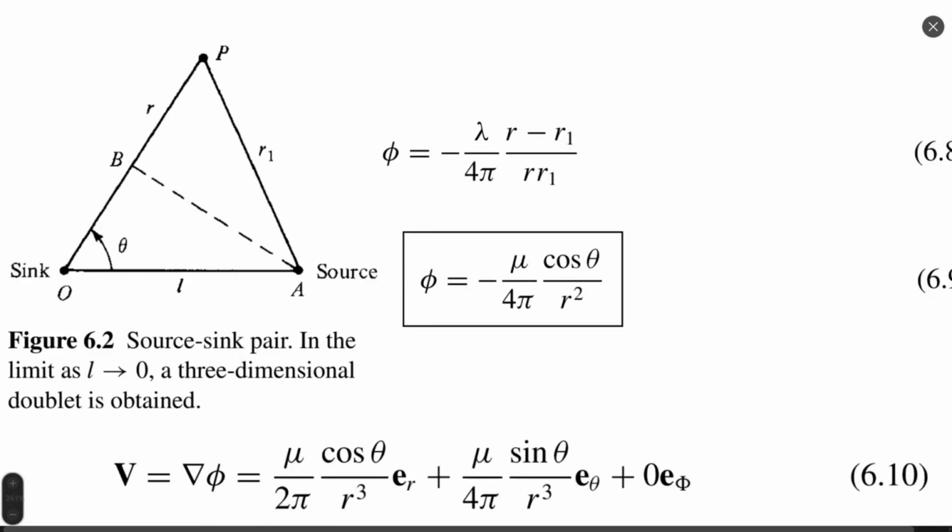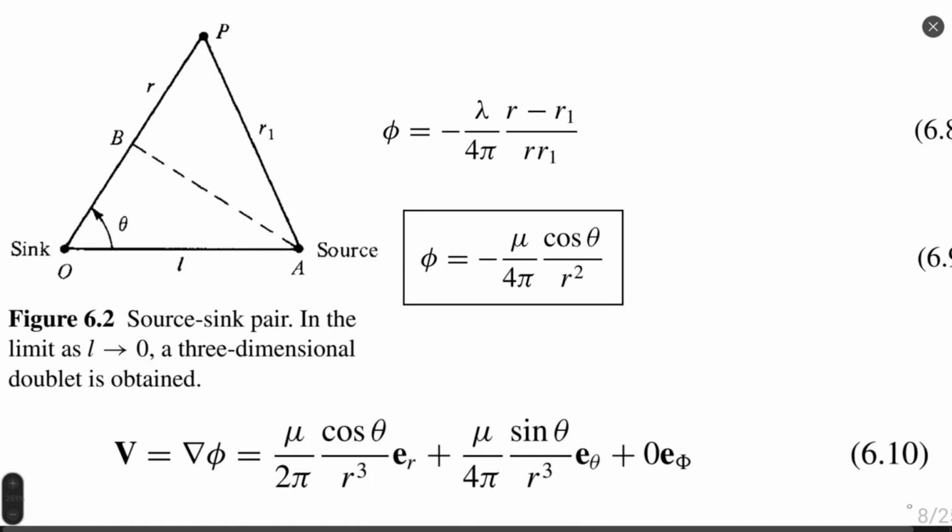A three-dimensional doublet is defined similarly to the two-dimensional doublet we had before. I would like to remind you that a two-dimensional doublet is a combination of source and sink.